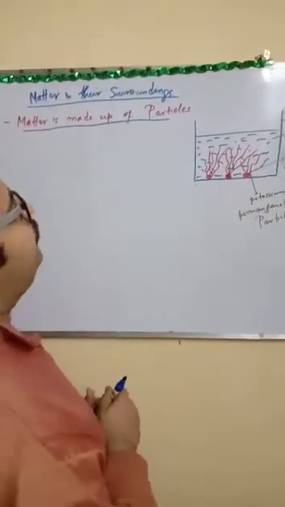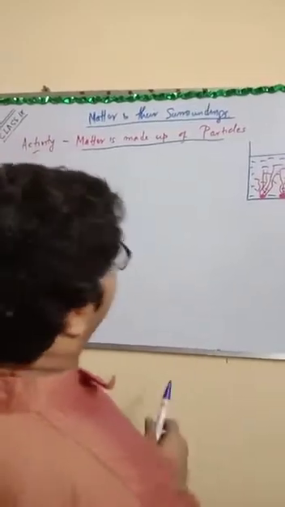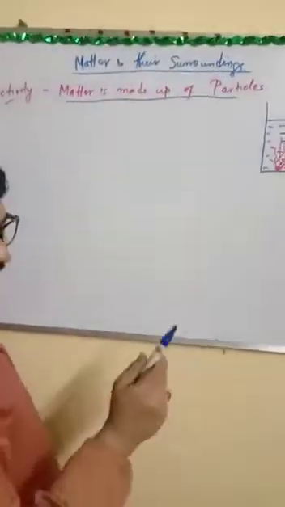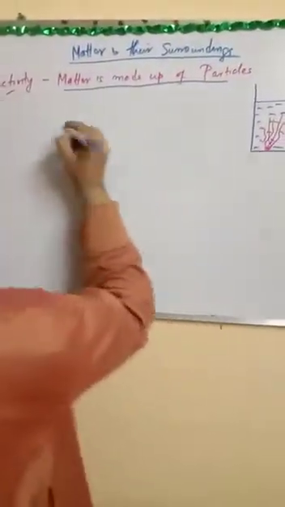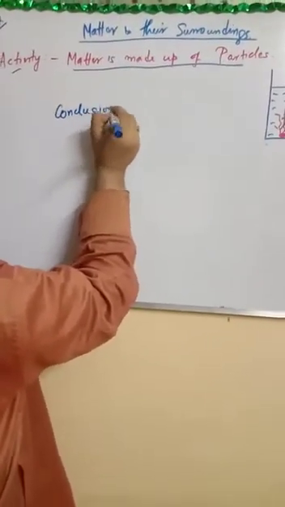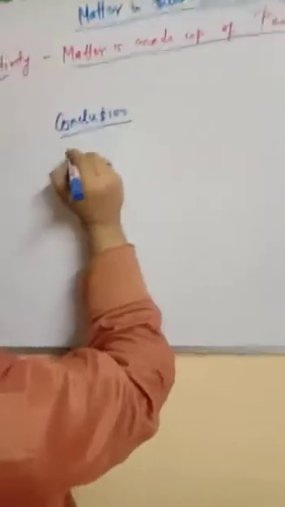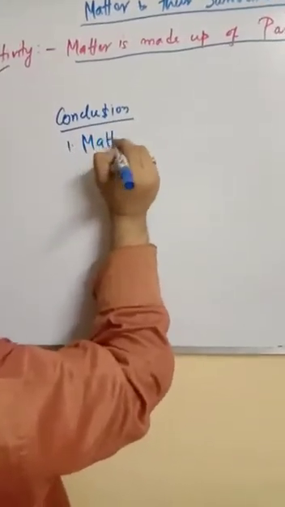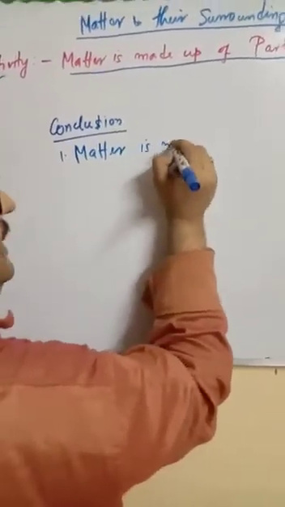This is actually an activity. So from this activity, two things are clear. One, matter is made up of particles. So I'm just writing the conclusions. One, matter is made up of particles.